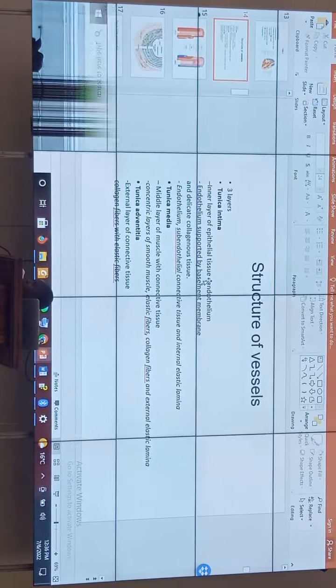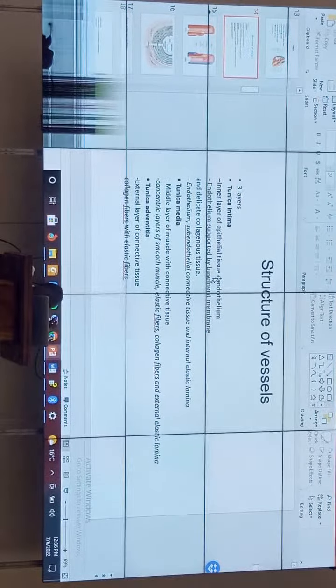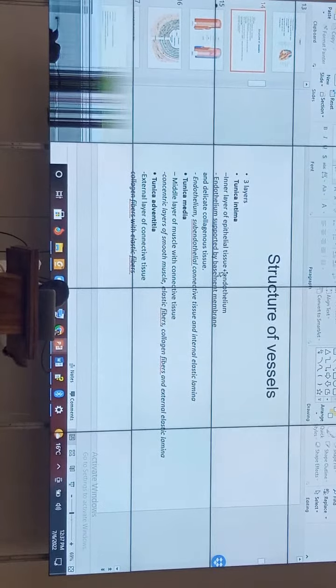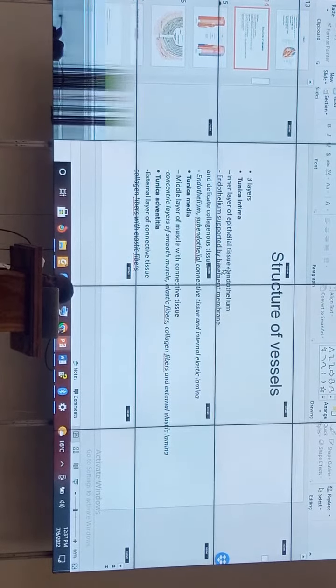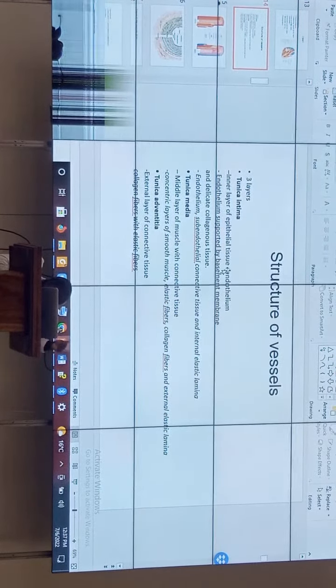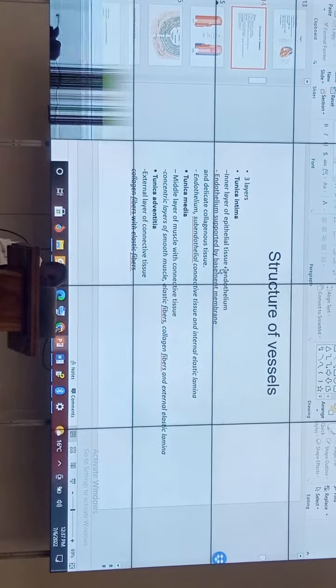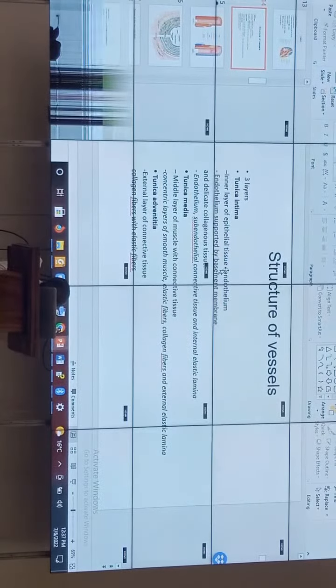All the blood from the lower limbs and the abdominal and pelvic cavities will eventually find itself in the heart via the inferior vena cava. All the blood coming from the head and neck region and the upper limbs will eventually drain into the superior vena cava. So what we are now going to talk about is the structure of the veins and the arteries.